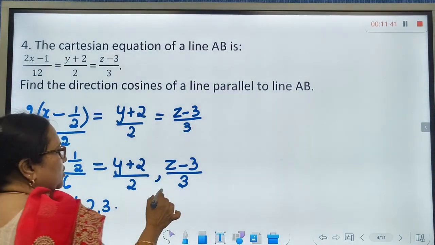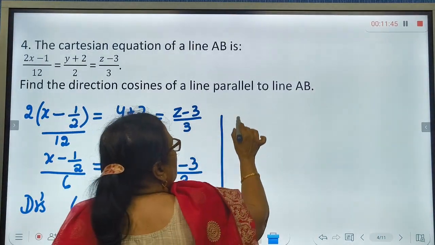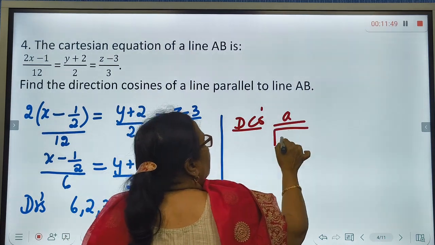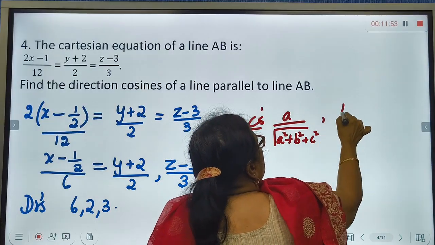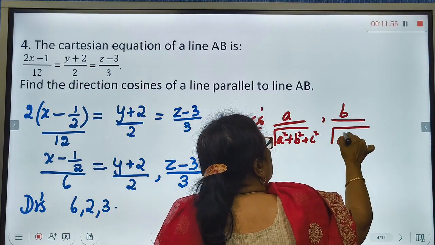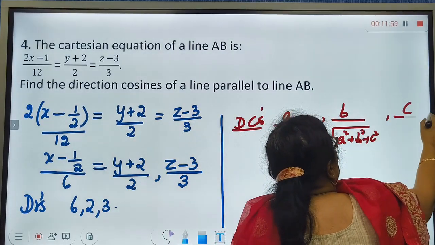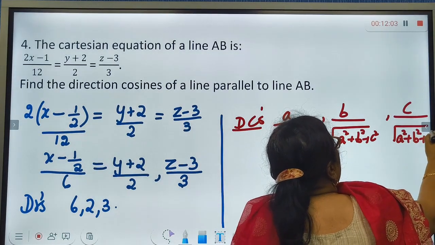What will be the direction cosines? Direction cosines are a by root of a square plus b square plus c square, b by root of a square plus b square plus c square, c by root of a square plus b square plus c square.